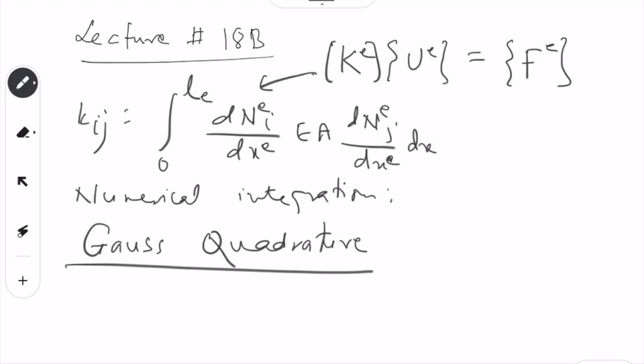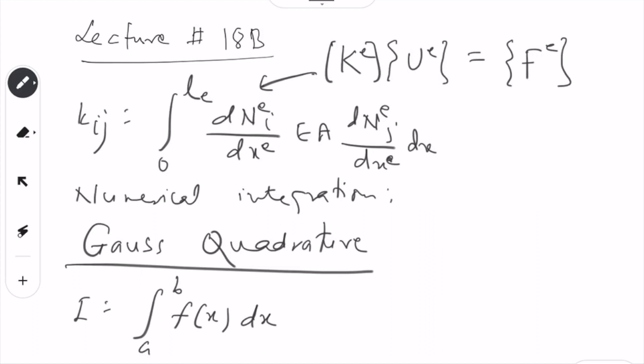The idea is we have some integration from a to b of some function of x. This is one dimensional, and we have to integrate. How to do that? Well, we first have to look at what kinds of accuracy we can attain.